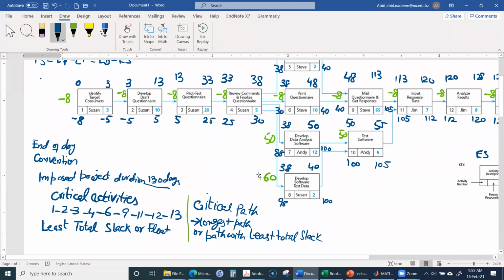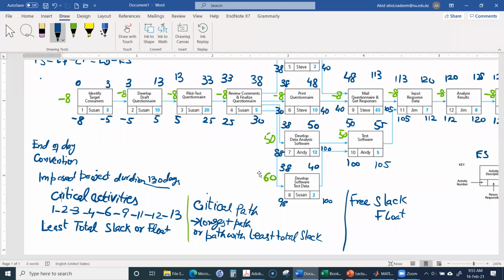And in addition, there is another type of slack which is called the free slack or free float. Free slack or free float is a slack which is different from the total slack, and it is the time an activity can be delayed without delaying any subsequent activity.